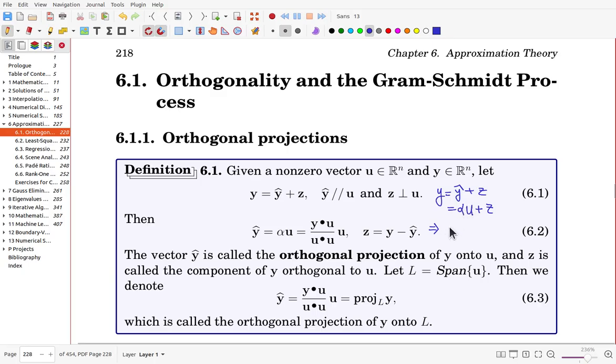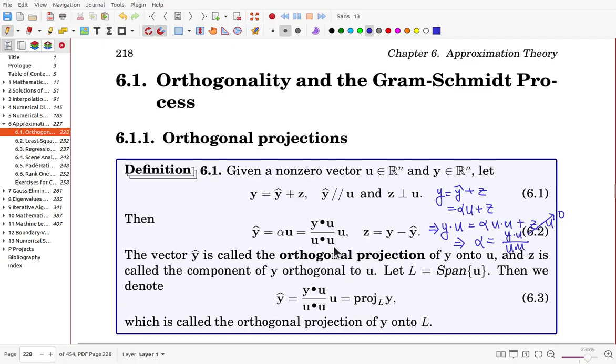In order to do that, we take the dot product with u: y dot u equals alpha u dot u plus z dot u. Then z is orthogonal to u, so this is 0. From here we can get alpha is y dot u over u dot u.